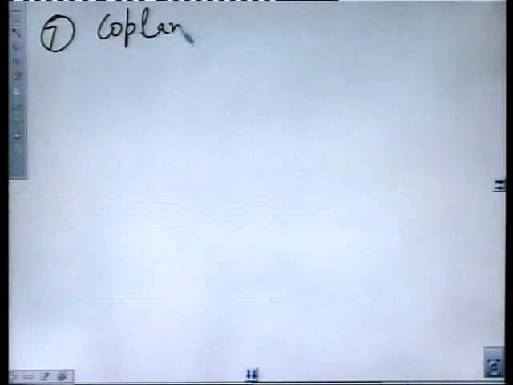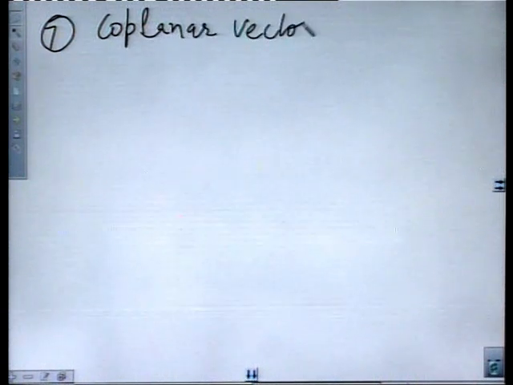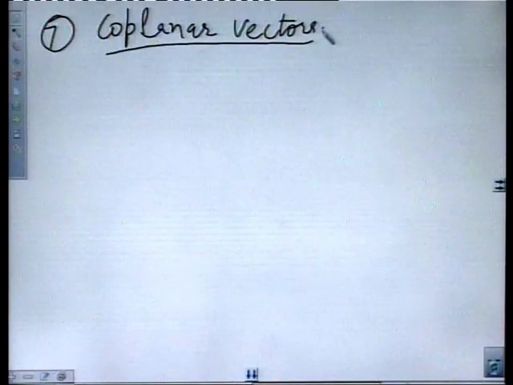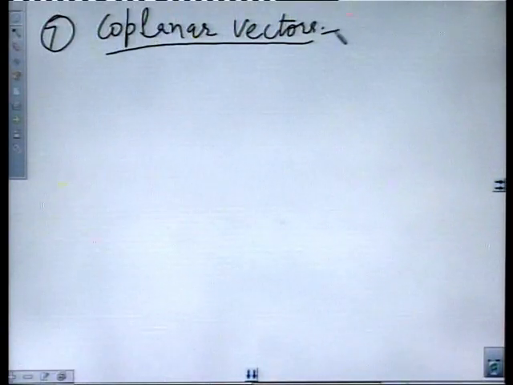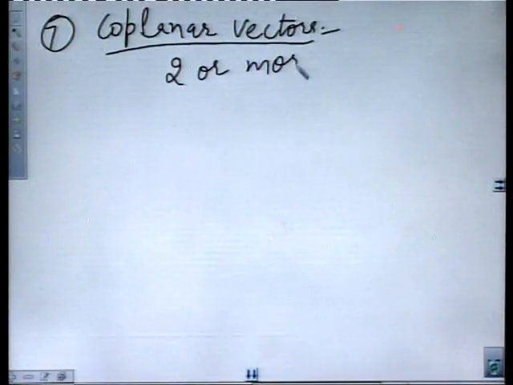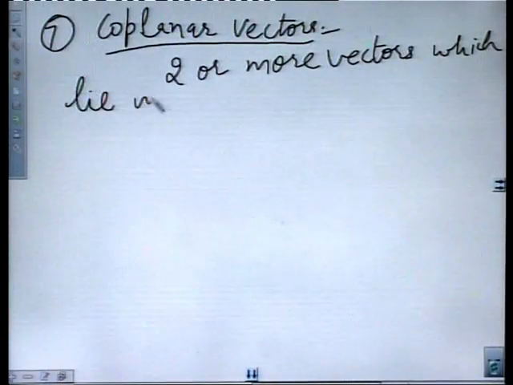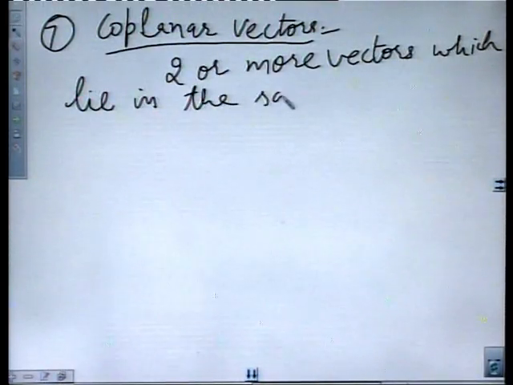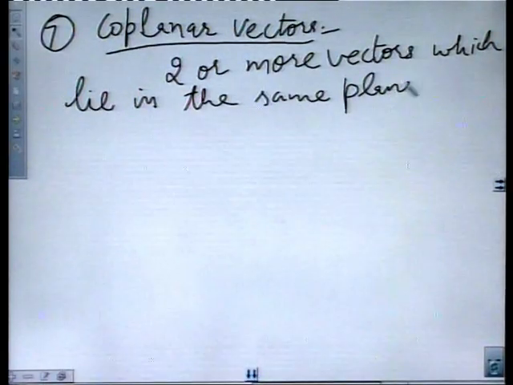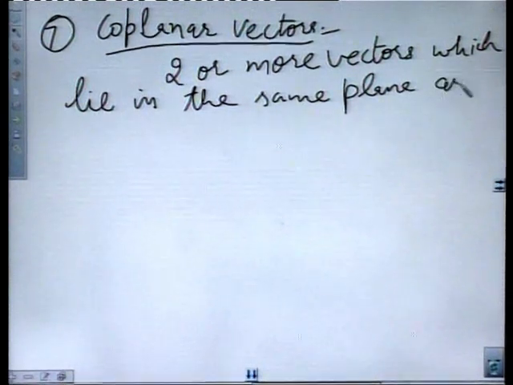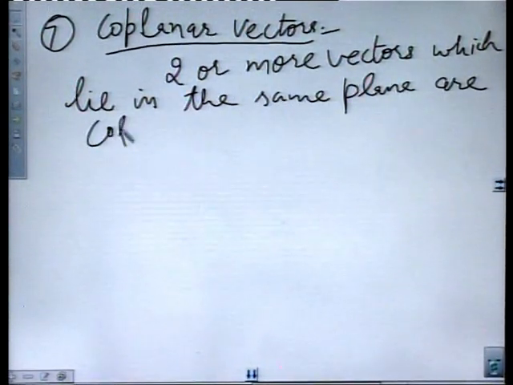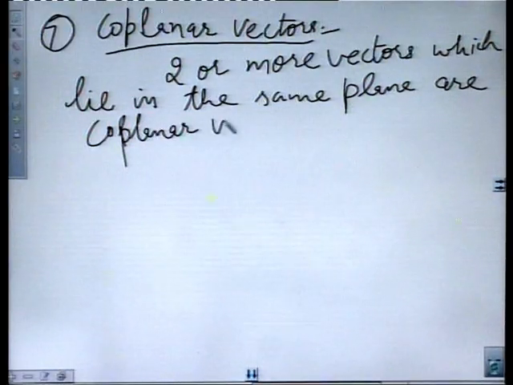Now the next is the coplanar vectors. Two or more vectors which lie in the same plane are called coplanar vectors.